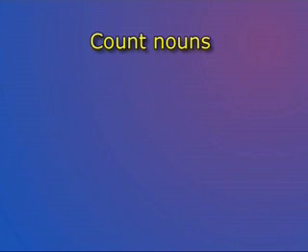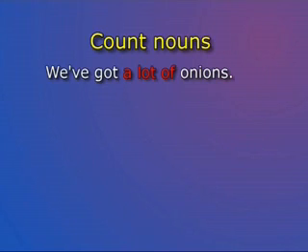So, enjoy. Hi. Today I'm going to teach you how to use count and non-count nouns to talk about quantity. Some examples of count nouns are, we've got a lot of onions. See, because onions are things that you can count.